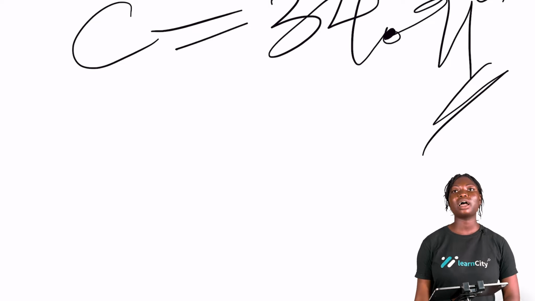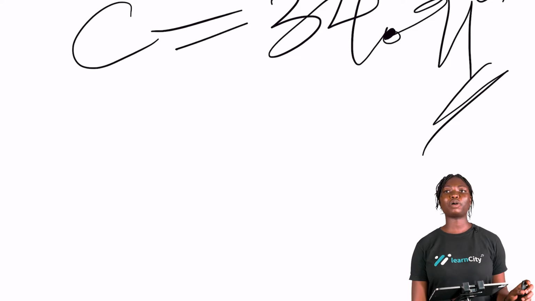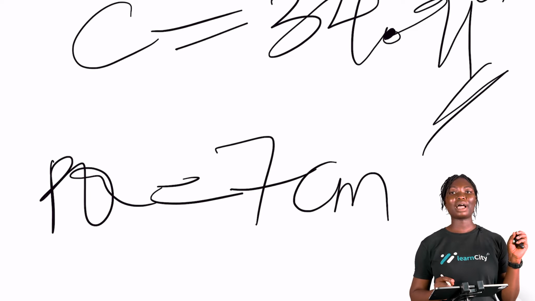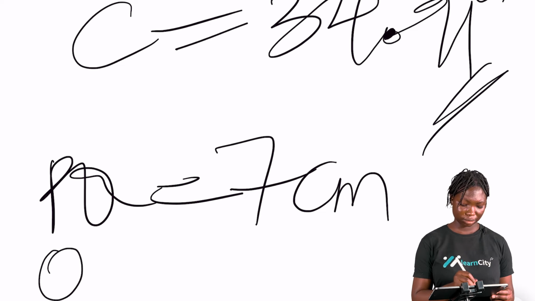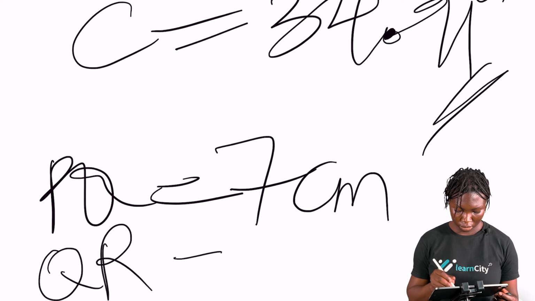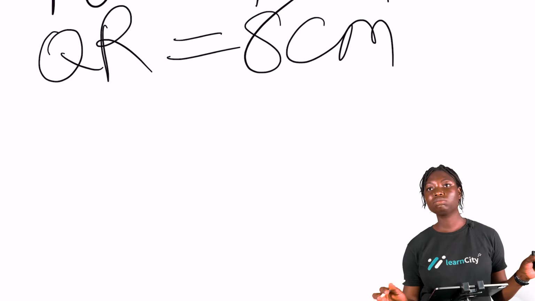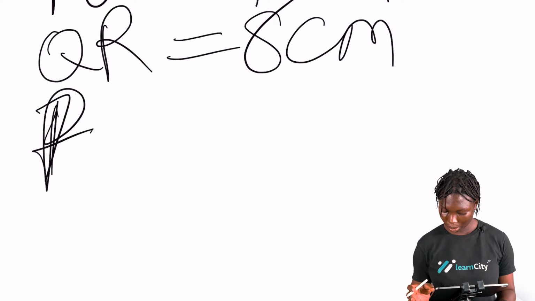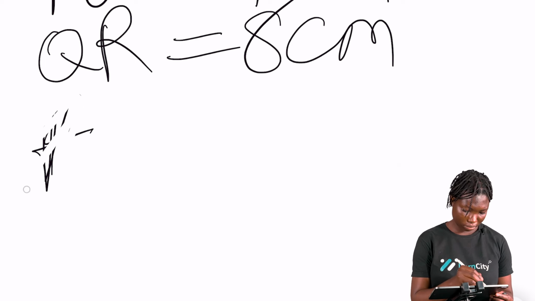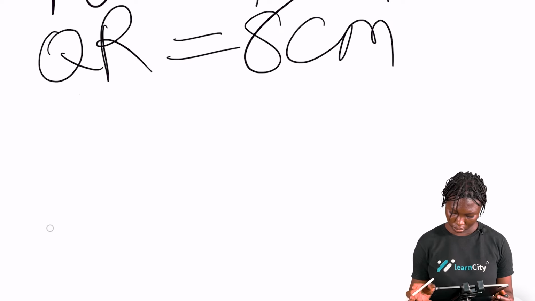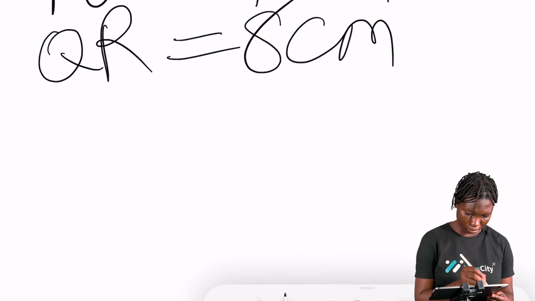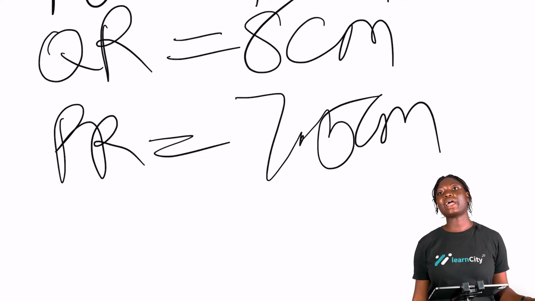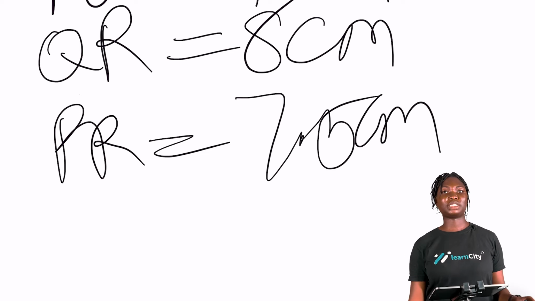Now to the last example, we have in the figure below, PQRS is a cyclic quadrilateral where PQ is 7 cm, QR is 8 cm, and PR is 7.5 cm. We are to calculate angle PSR.